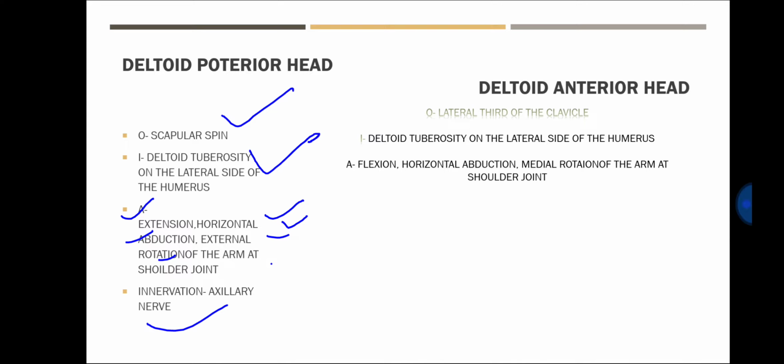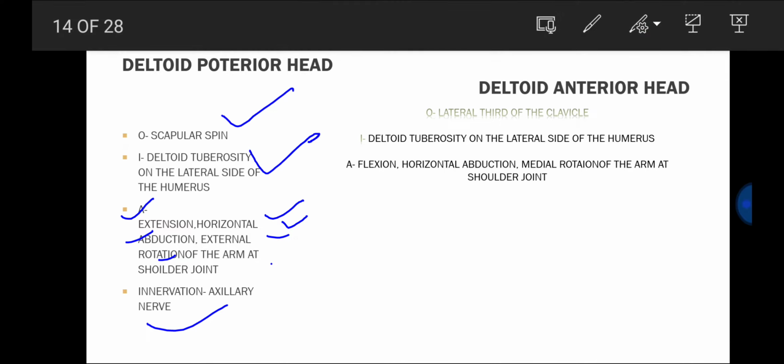It originates from the lateral third of the clavicle and inserts into the deltoid tuberosity on the lateral side of the humerus. And what are the actions? Flexion, horizontal adduction. So anterior fibers, what do they do?